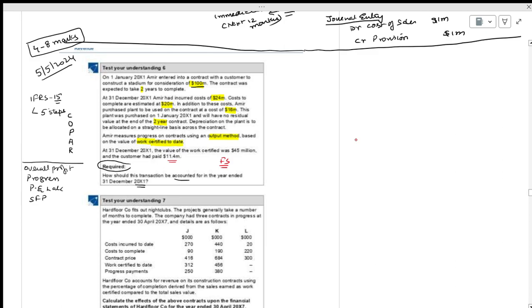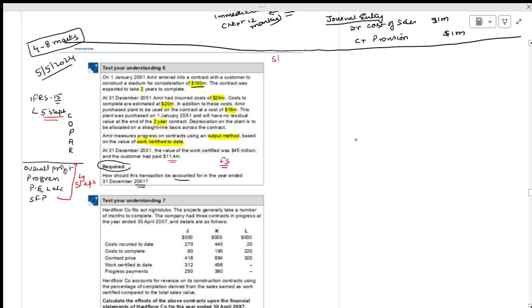How many steps do you have to take? Keep it in mind, this is very important. It is 4 steps. I will show you the differentiation and how it works.